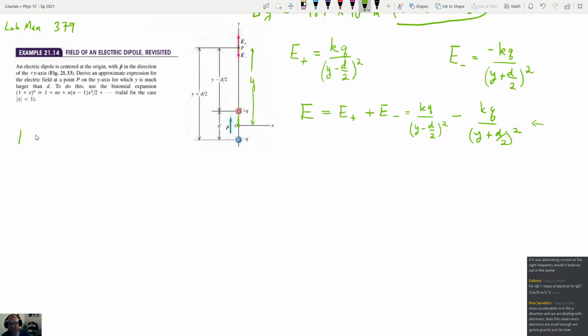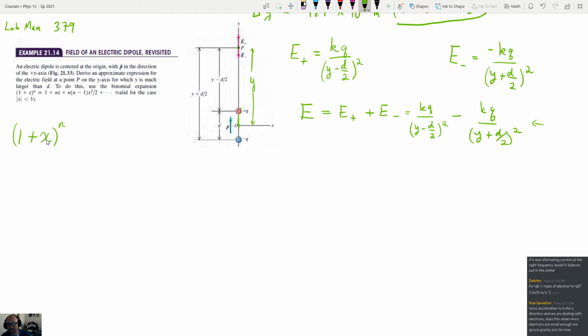What it says is that if I have a simple binomial, 1 plus x, raised to the n power, it doesn't matter what n is. It can be an integer, it could be an irrational number, just some power n.